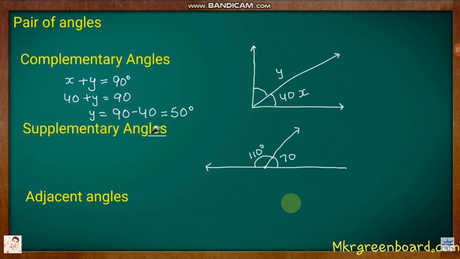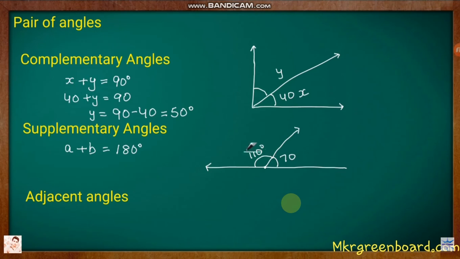Next one is supplementary angle. Supplementary angles are two angles whose sum is equal to 180 degrees. In the example, a straight line forms two angles, one is 70 degrees and another is 110 degrees. 110 plus 70 is 180 degrees. So any pair of angles that gives 180 degrees we call supplementary angles.